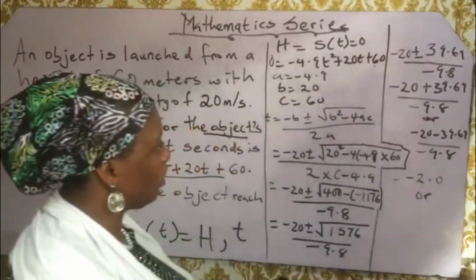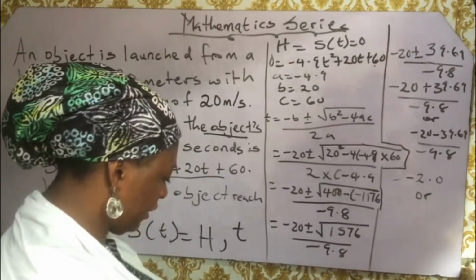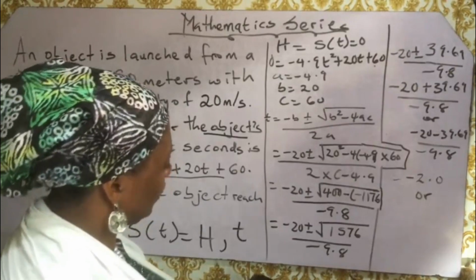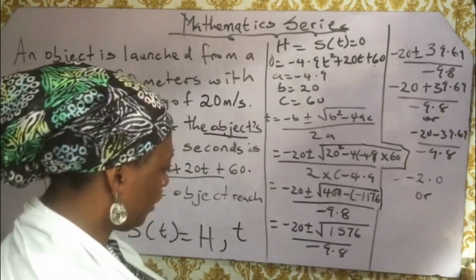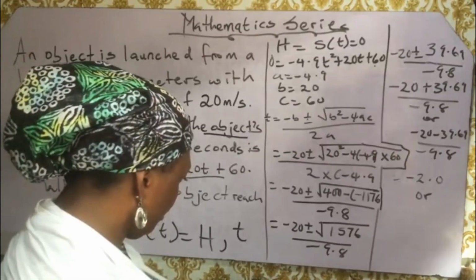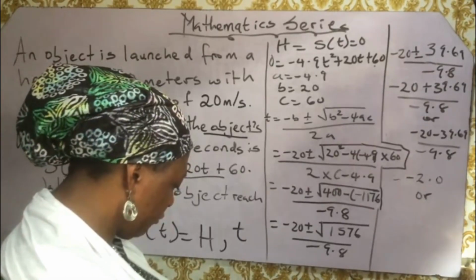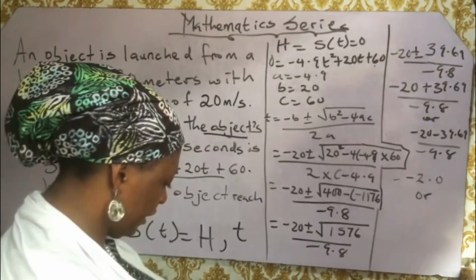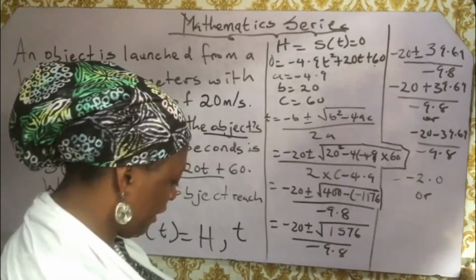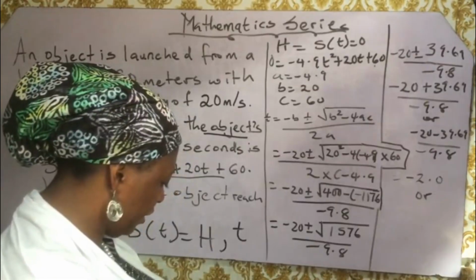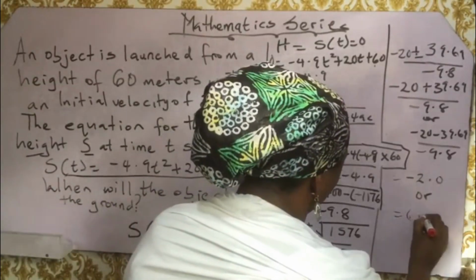Then for the second part, you have negative 20 minus 39.69, which gives negative 59.69, divided by negative 9.8. And we have positive 6.09.